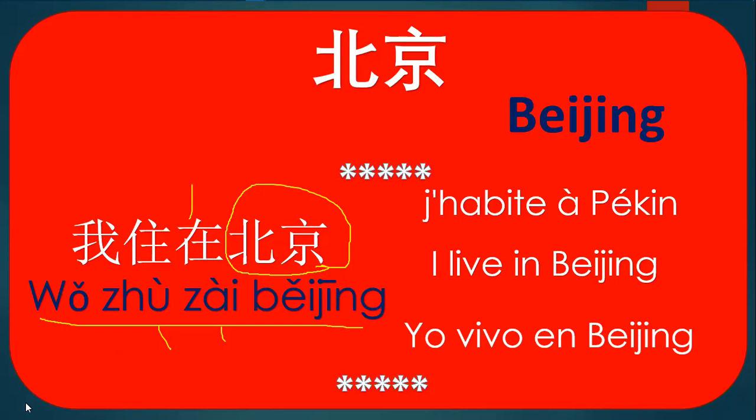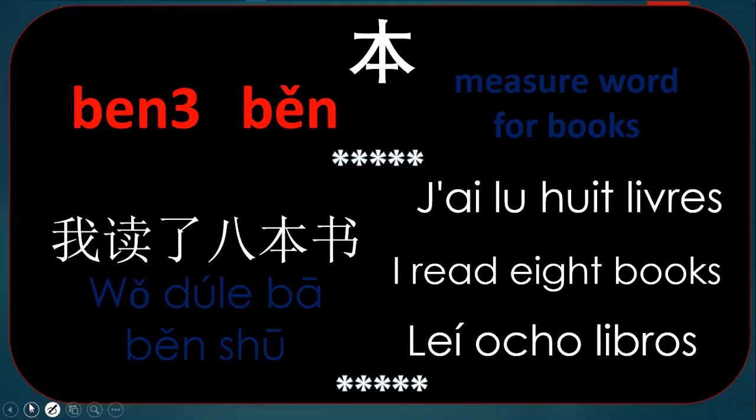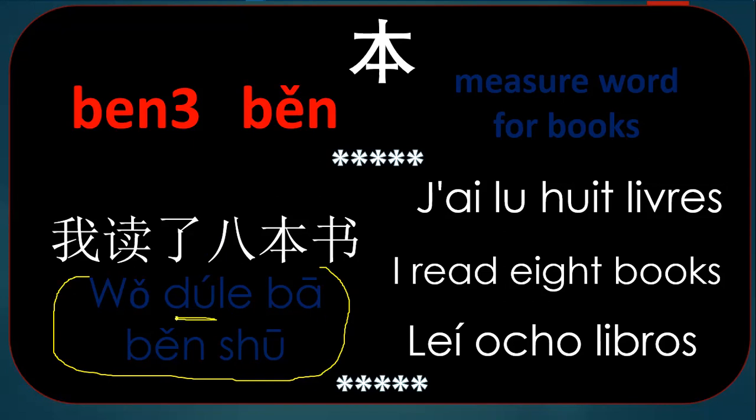Let's move on to another one that we also did last time. Ben, okay, we did Ben earlier. It's a measure word for books. Okay, Kuzi, are you settled now? Can you try and read this for us? 我读了八本书， again, 读了 dula.